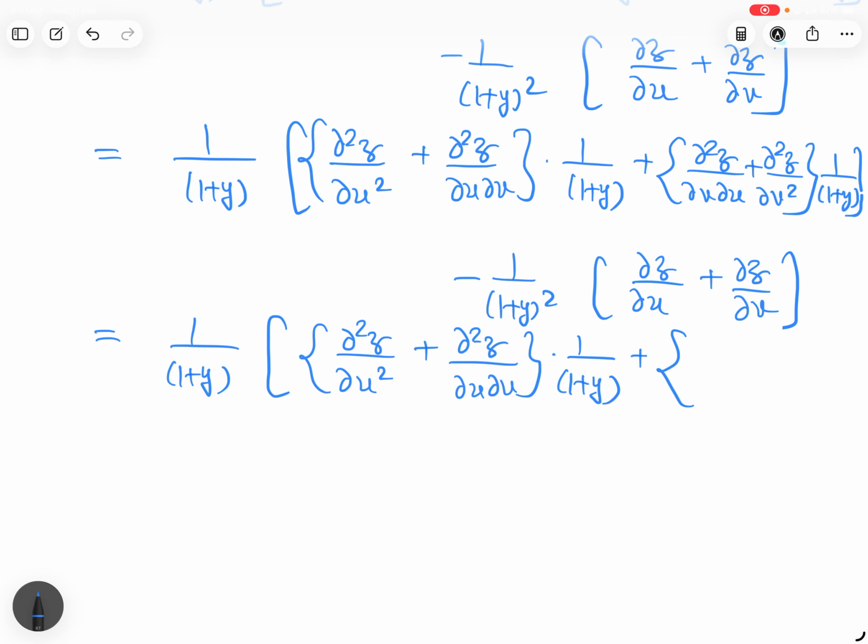I told that these two things are equal. So in place of this I can write del 2z del u del v plus del 2z del v square, 1 upon 1 plus y, bracket is closed.